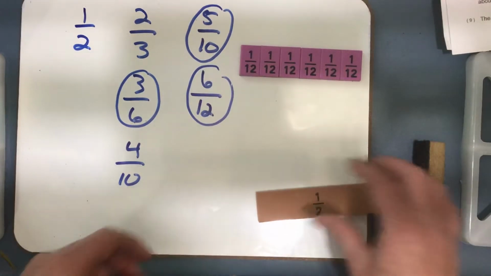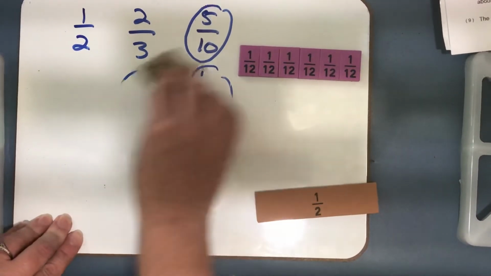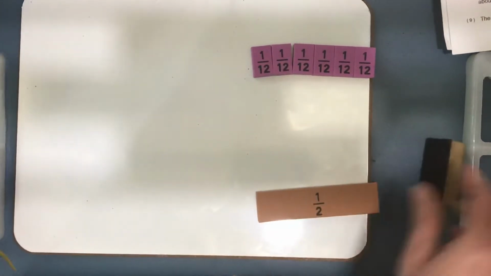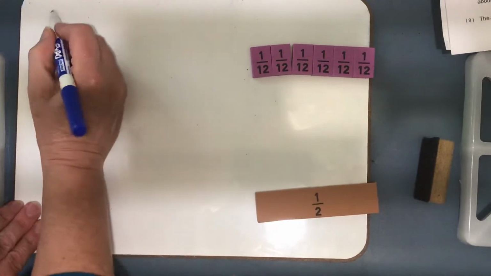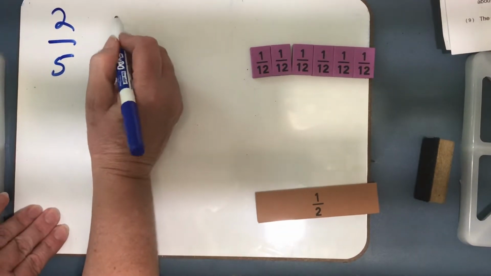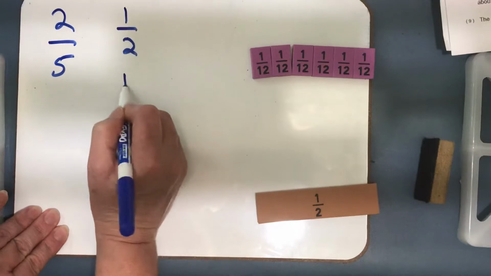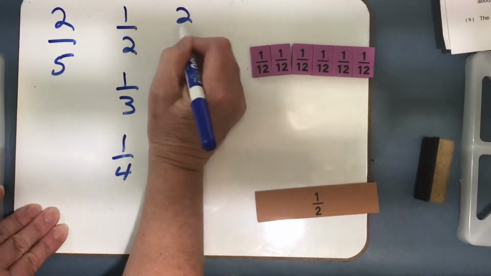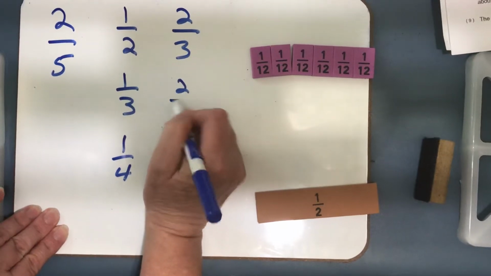All right, the next question, number 3, asks which fractions are greater than 2/5. Okay, so we'll take the fraction 2/5, and we want to compare these 5 fractions: 1/2, 1/3, 1/4, 2/3, and 2/4.